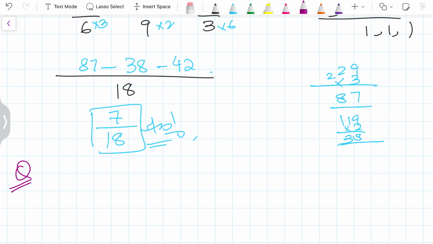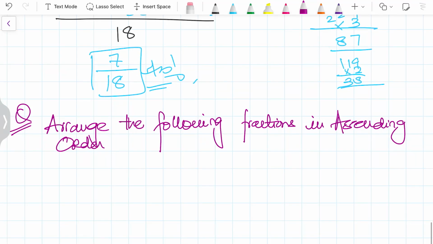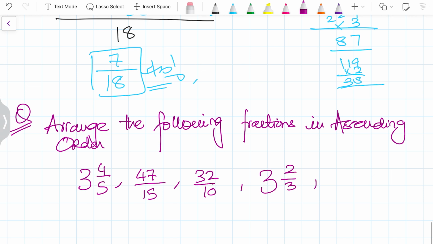Regarding comparing fractions, let's do another question. Arrange the following fractions in ascending order. Let's take the fractions: 3 whole 4 upon 5, 47 upon 15, 32 upon 10, 3 whole 2 upon 3, 3 whole 15 upon 25.